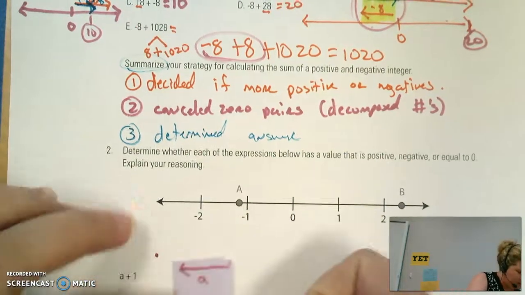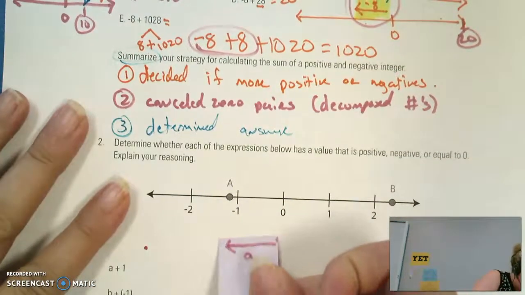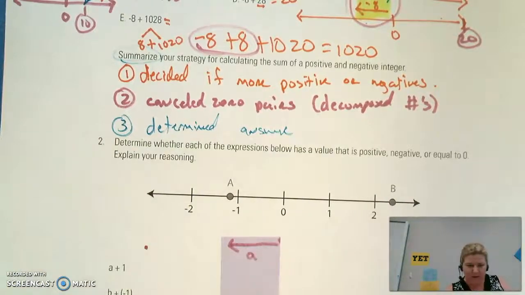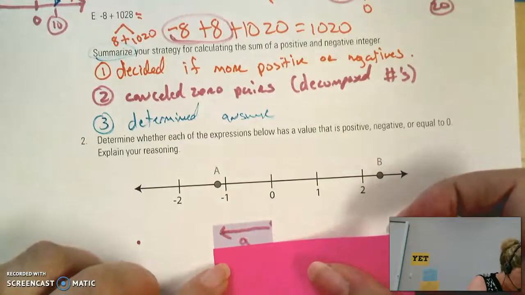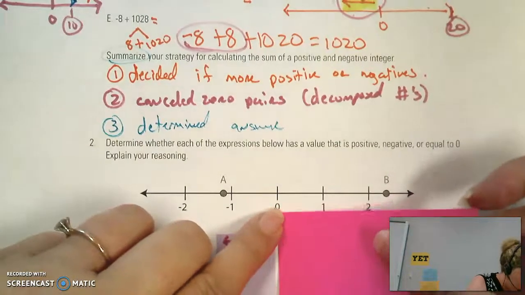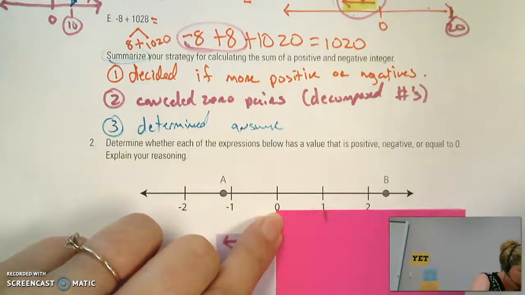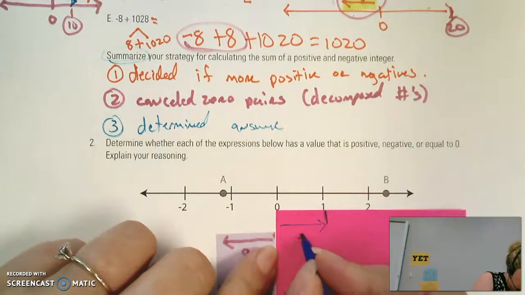Looking at my measurements, there's A, lining up with 0. There's A, and from there, I need to add 1. I need to measure 1. From 0 to the right, and that is 1.